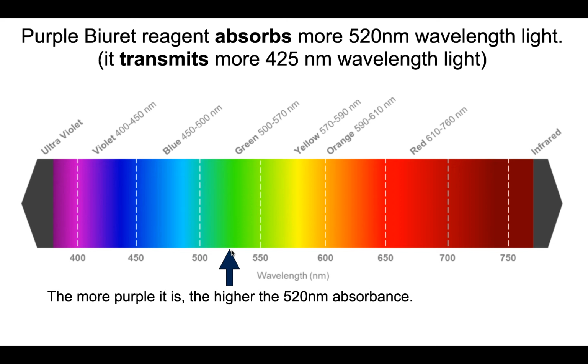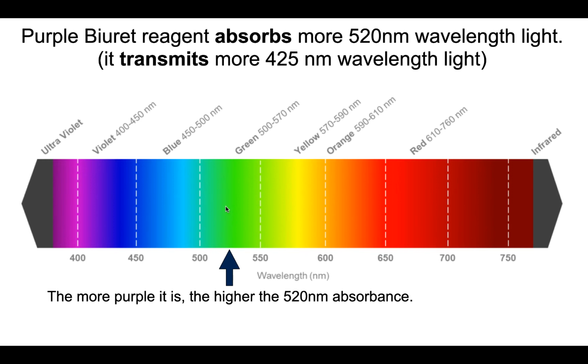Well, that's because it absorbs the green light and transmits the purple wavelengths of light. That's why something is the color it is, because it allows through or reflects one color while absorbing all the others. So purple Biuret reagent absorbs 520 nanometer light very well, whereas the blue form does not absorb that particular wavelength very well.